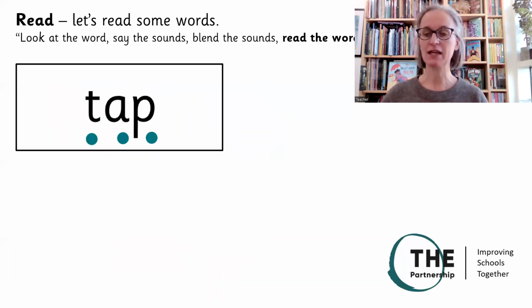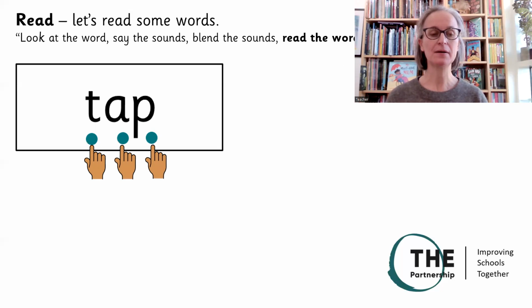Now we're going to try to read some words that use the sounds we've been learning. We have a word here, and we're going to see if we can look at the word, say the sounds, blend the sounds, read the word. So look at the word. Now let's say the sounds. A, p.